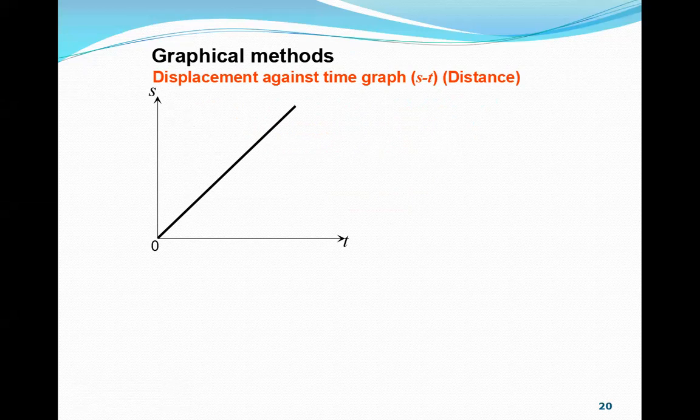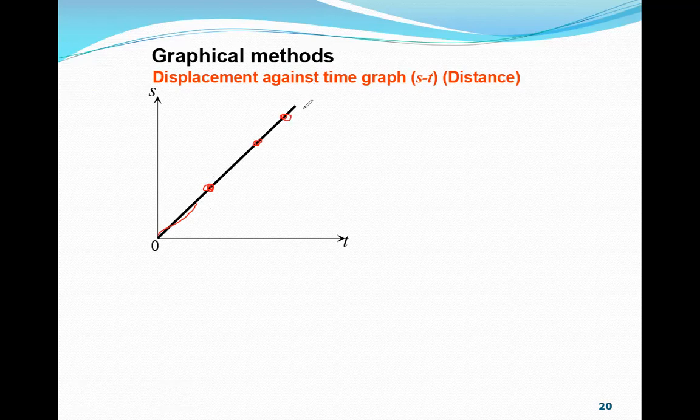It means the gradient of the distance time graph represents the speed or velocity of the body. This line shows the gradient is constant, because if I calculate the gradient at this point or that point, all the gradients are equal.